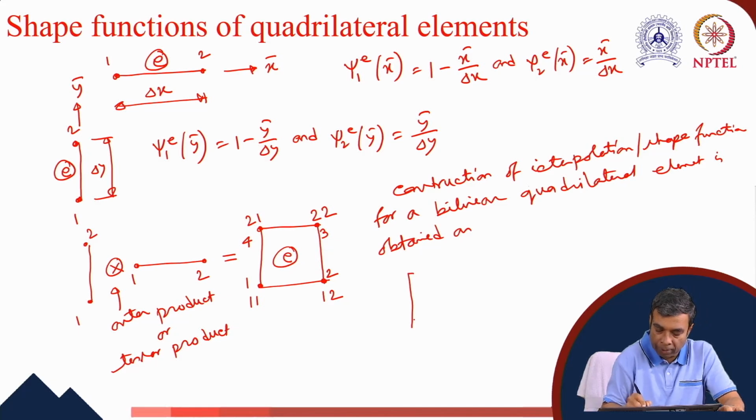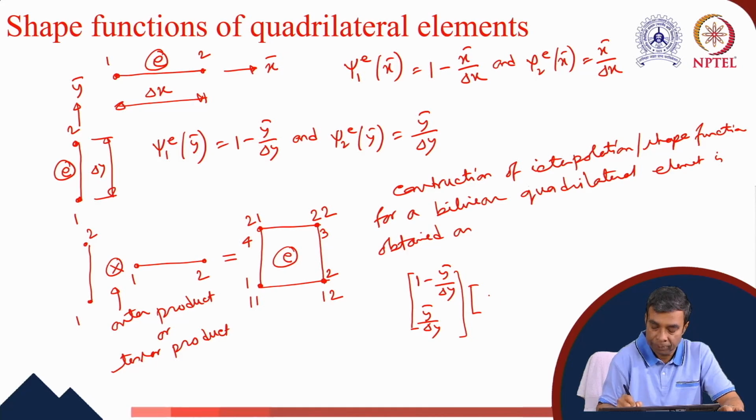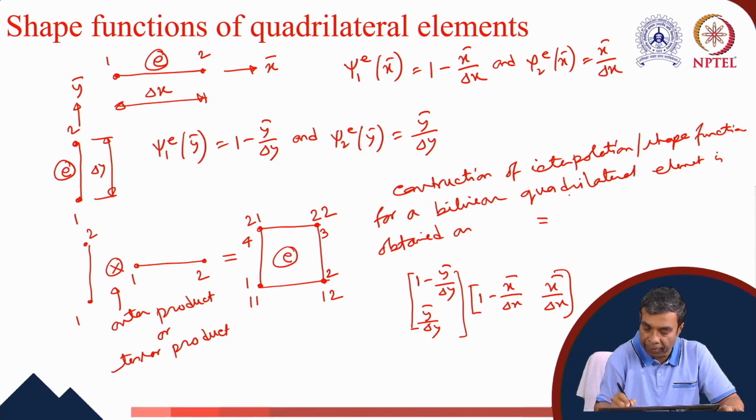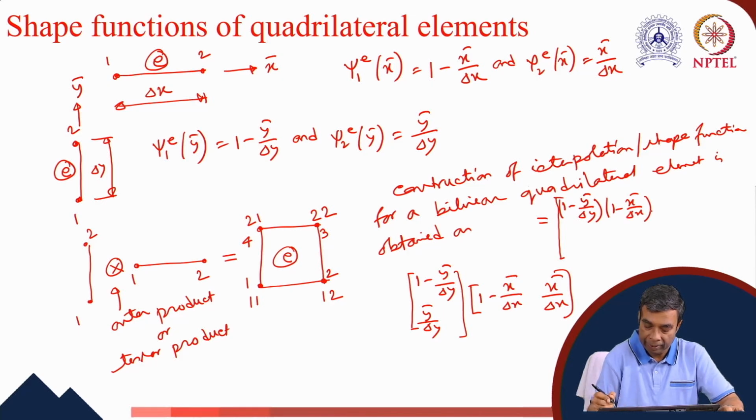So we have the column vector, 1 minus y bar by delta y and y bar by delta y, and this is the row vector 1 minus x bar by delta x and x bar by delta x. This output we can write here as 1 minus y bar by delta y into 1 minus x bar by delta x.